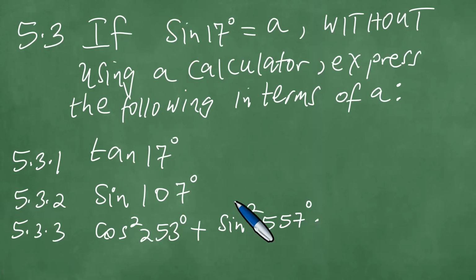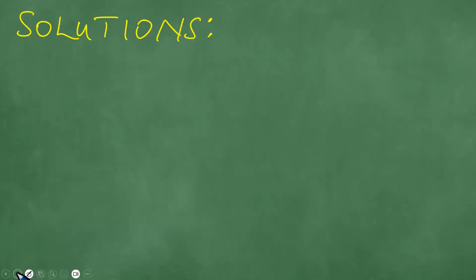So if the sine of 17 degrees is A, without using a calculator, express the tangent of 17 degrees in terms of A. Right, so we're looking at the 5.3.1 solution.